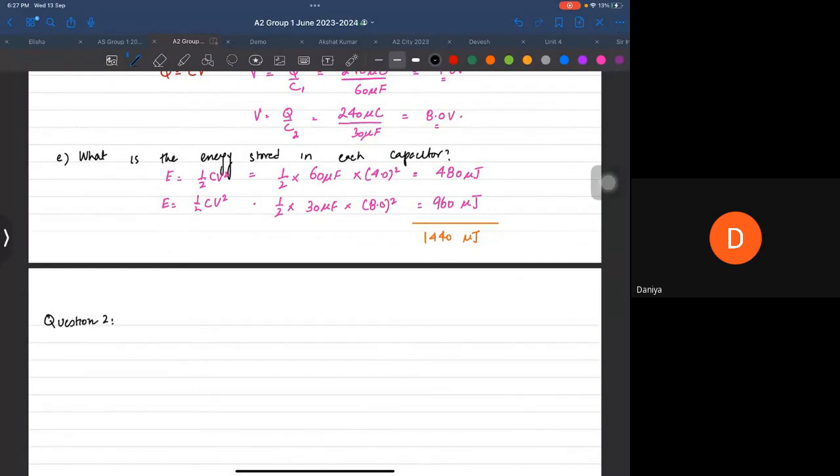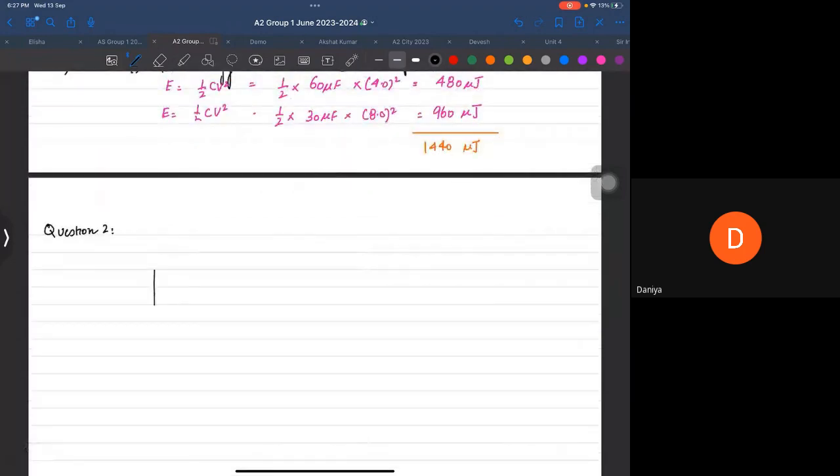Question 2. In this one, you have two capacitors in series, like this, and then these two are in parallel with another capacitor right here, like this.